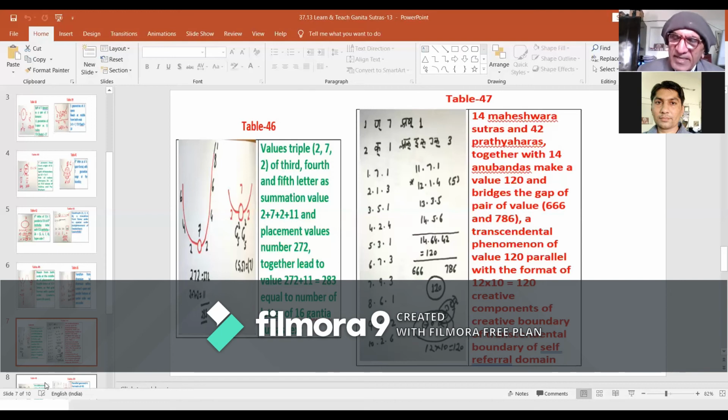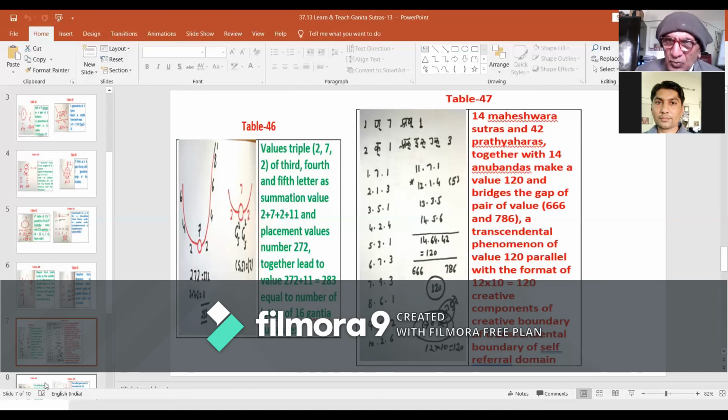And simultaneously, we have seen that the fourth letter is of TC value 7. It is parallel with the 7 geometries range of the solid boundary of fourth space. Further, we have seen that value sapt with simple rendering value 7 is of TC value 14. So there are 14 Maheshwara Sutras.